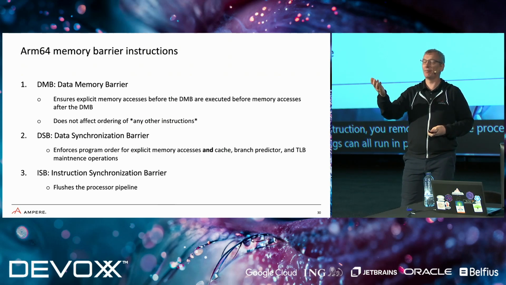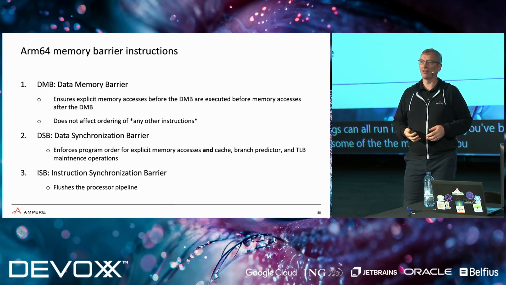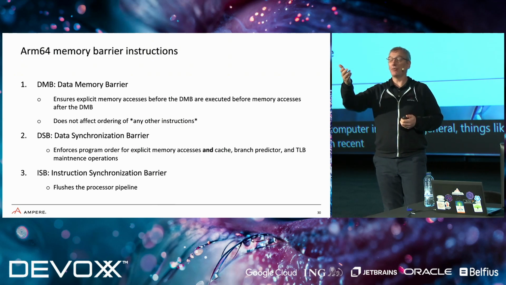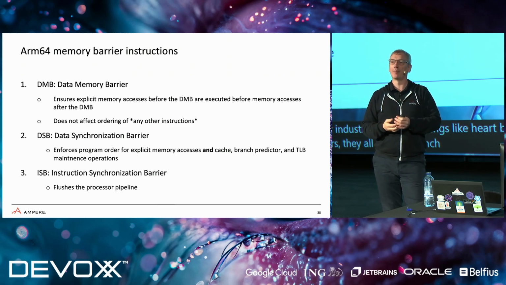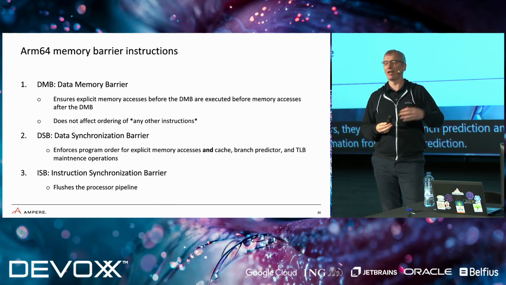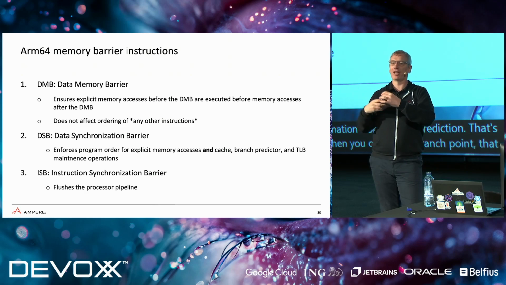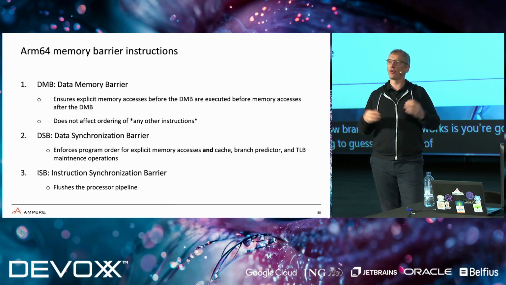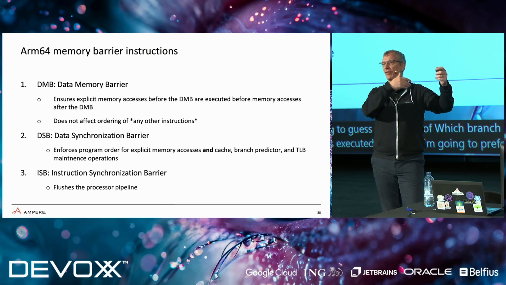If you're familiar with some of the more thorny bugs that have affected the computer industry in recent years, things like Heartbleed, they all rely on branch prediction and getting information from branch prediction. When you come to a branch point, that's essentially how branch prediction works: I'm going to guess which branch of this program gets executed next, and I'm going to prefetch the instructions from that branch. If I'm wrong, I'll fix it later.